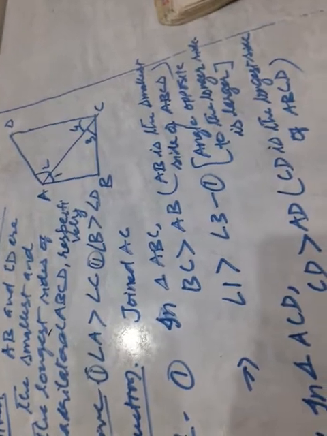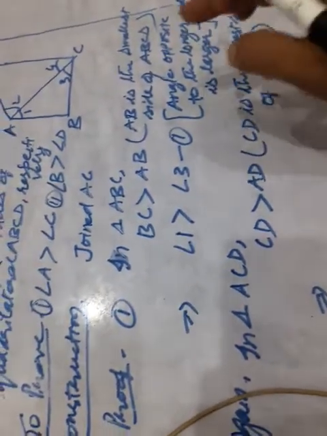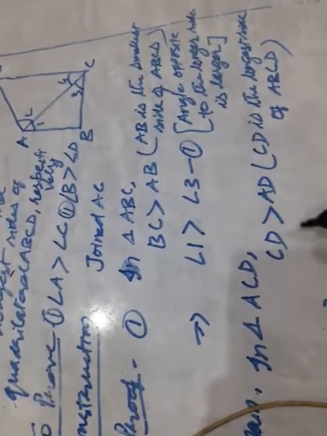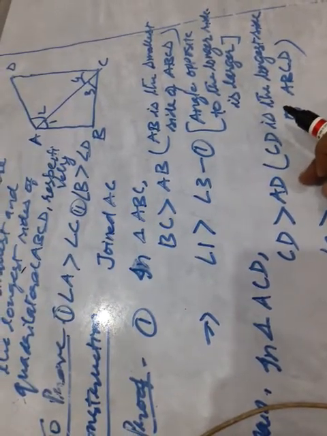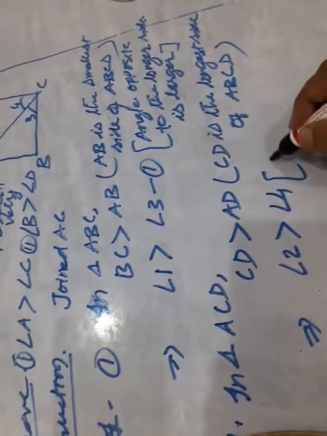This implies that, in triangle ACD, CD's opposite angle, angle 2, is greater than AD's opposite angle, angle 4. Why did it happen so?